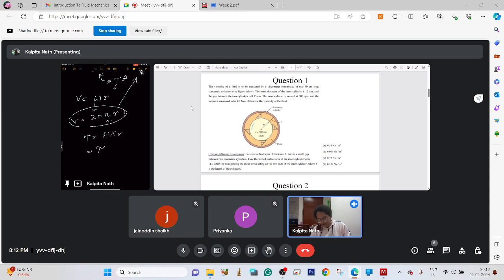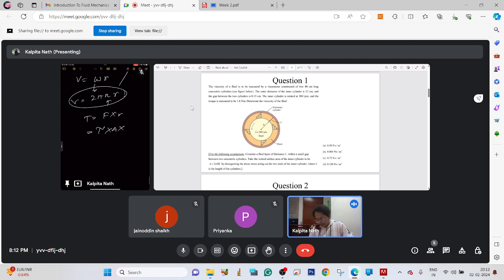Force is shear stress into area, into R. Shear stress we can write from Newton's law as mu del U by del Y, into area, into R. Now, because the profile is linear, this can be written as U by L, where L is the thickness of the fluid layer.